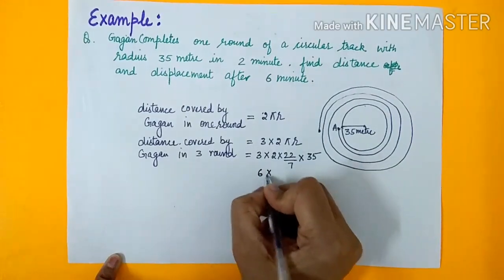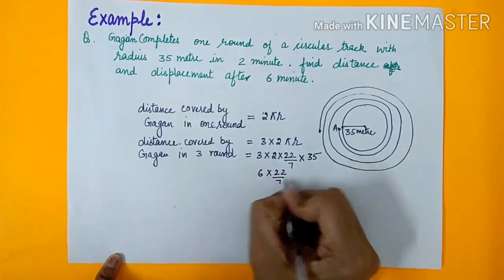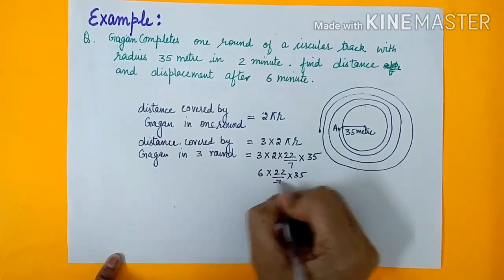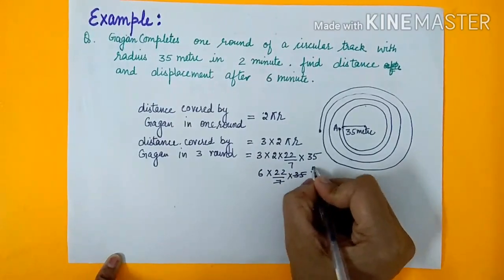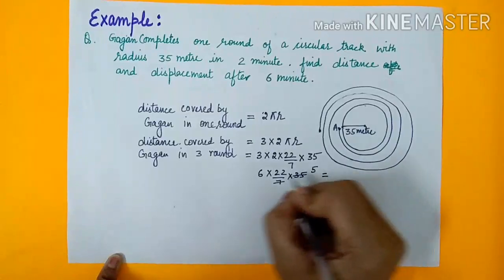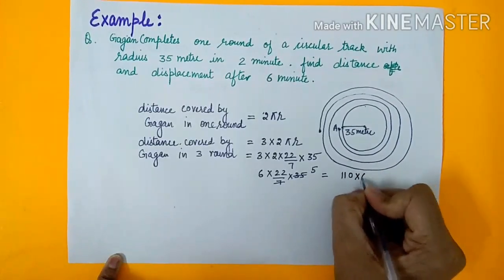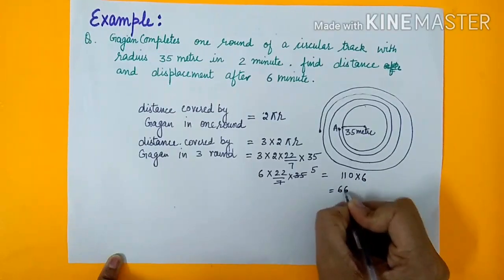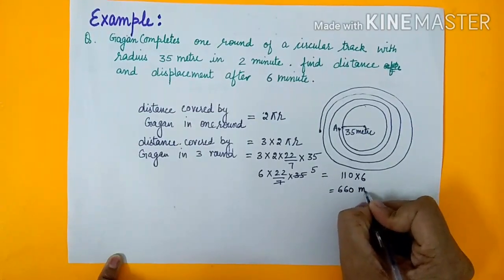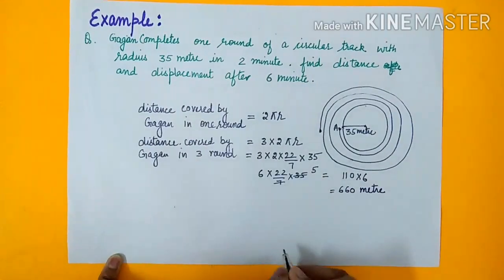So 6 into 22 into 5 is 660 meter, which is the distance.